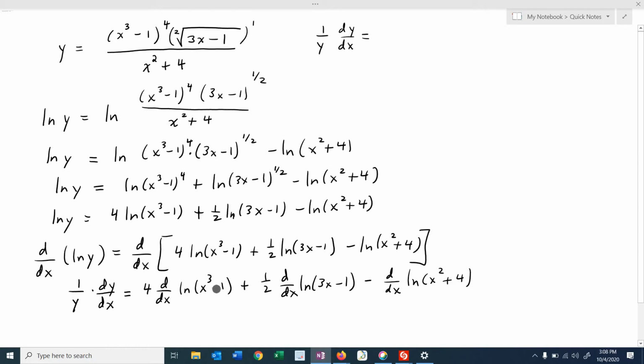And now the derivative of this logarithm here, right, let's start with this one. We're going to use the chain rule. Again, the inner function is x cubed minus 1, and the outer function is the natural log function. Okay, and so the derivative of the natural log function would be 1 over x, except we have to evaluate that at the inner function, so we replace this with x cubed minus 1.